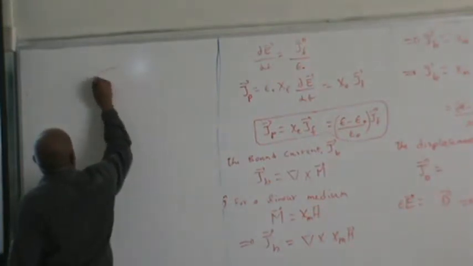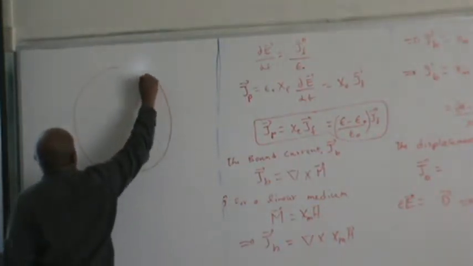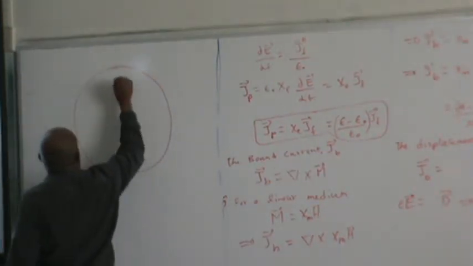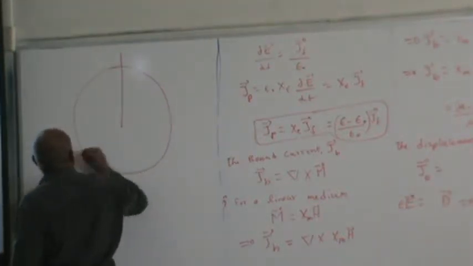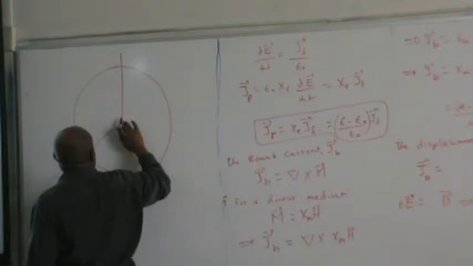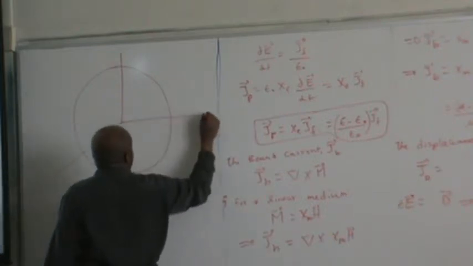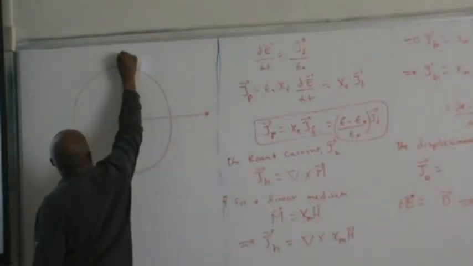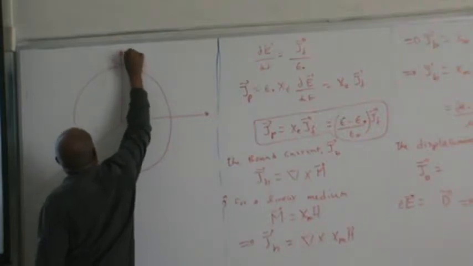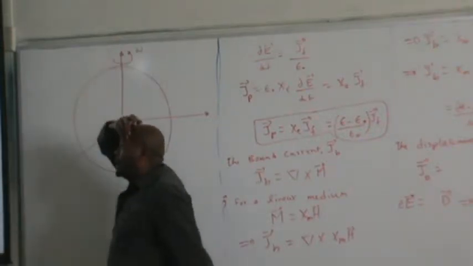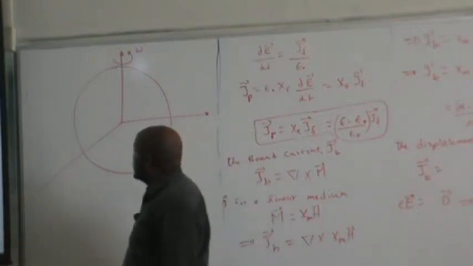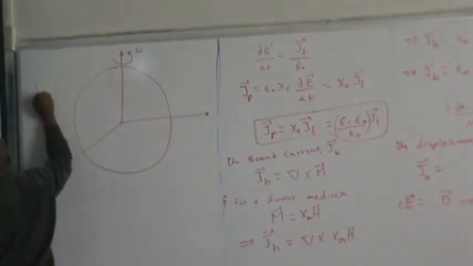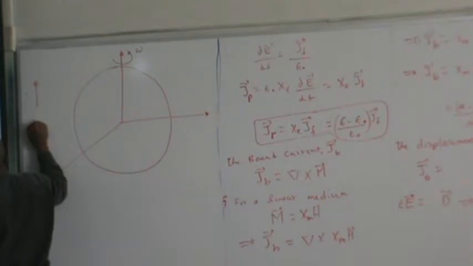So you have this conducting sphere, and the sphere is rotating about the z-axis with angular frequency omega, and it's a conductor, and you have a magnetic field B equals B naught z hat.